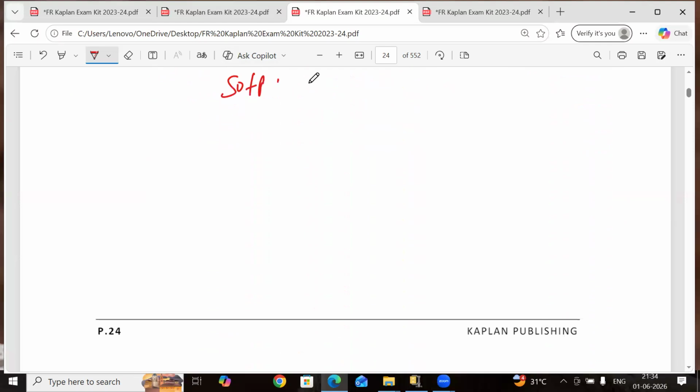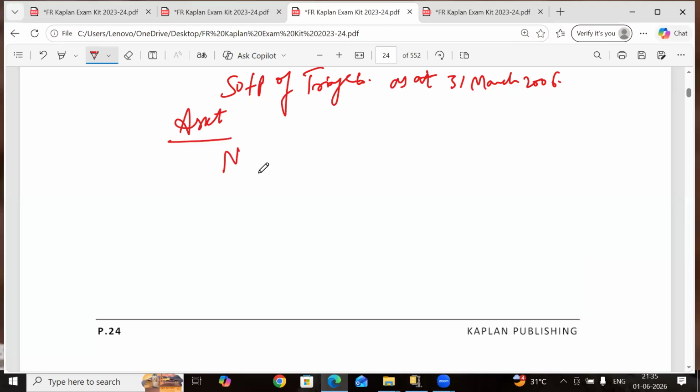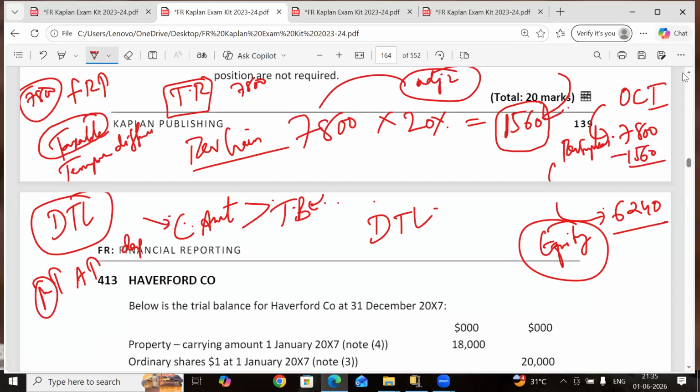SOFP of Triage company as at 31st March. Now we'll take the assets. You know, non-current assets, property, plant and equipment. What was the property, plant and equipment?